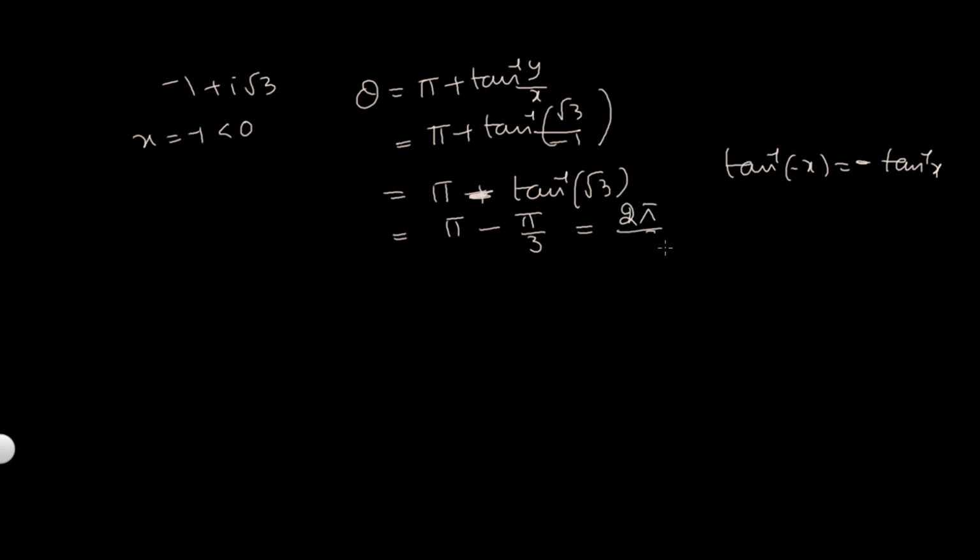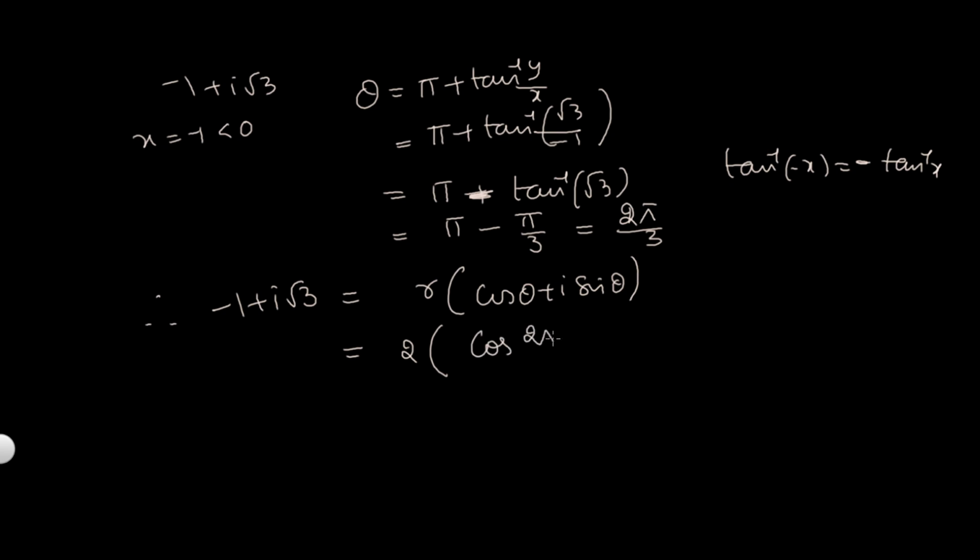Therefore, -1 plus i root 3 in modulus amplitude form is r into cos theta plus i sin theta; substituting, we get 2 into cos of 2 pi by 3 plus i sin 2 pi by 3. This is the modulus amplitude form.